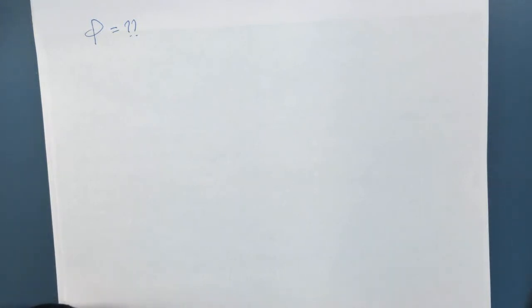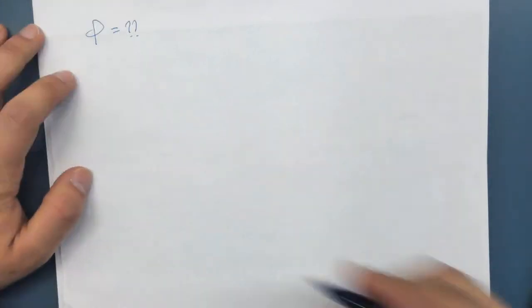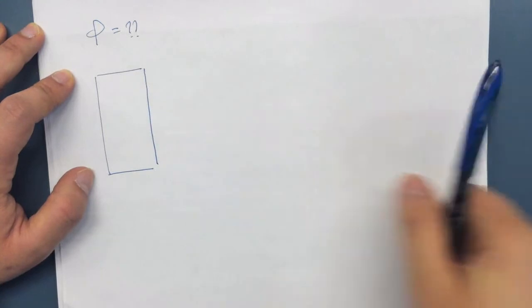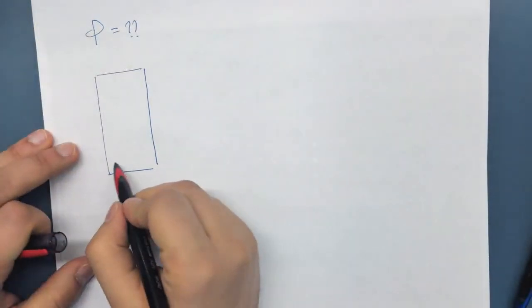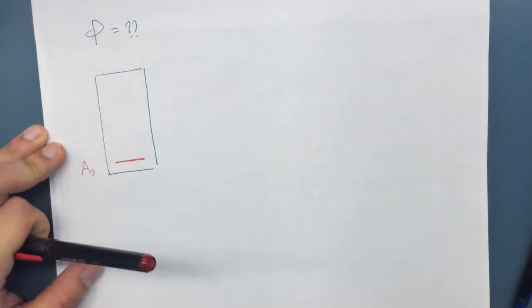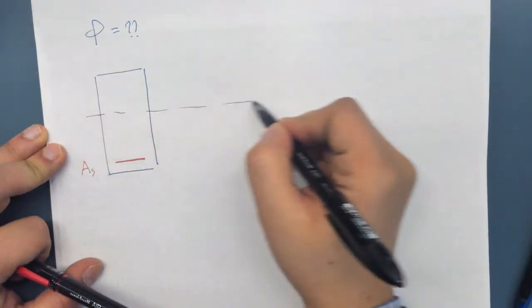The only thing that is controlling the value of phi here is the strain in the steel. So what we want in reality in this problem is the strain in the steel. That's it. To do this, if this is my section again, and this is my reinforcement, this is here the neutral axis.